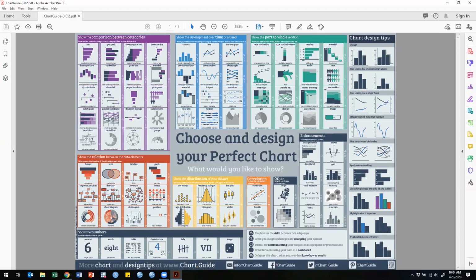Show a distribution of your data. Look, there's our frequency distribution. There's our histogram. We didn't talk about violin plots, but they're very similar to a dot plot. We want to show the relationship between elements. Here are different ways we could do it. Show relations, the part of the whole, so it'd be similar to a pie chart.